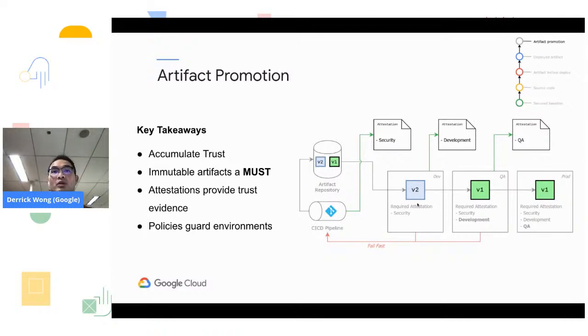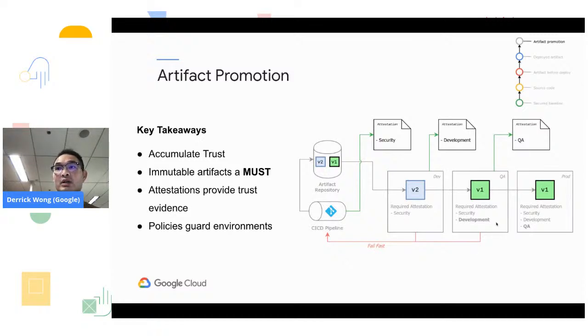Yeah, there will be more constraints in the policy for the production environment. So in this example, as you can see, in order to deploy a version of your application to the dev environment, you can define a policy that requires an attestation called security.